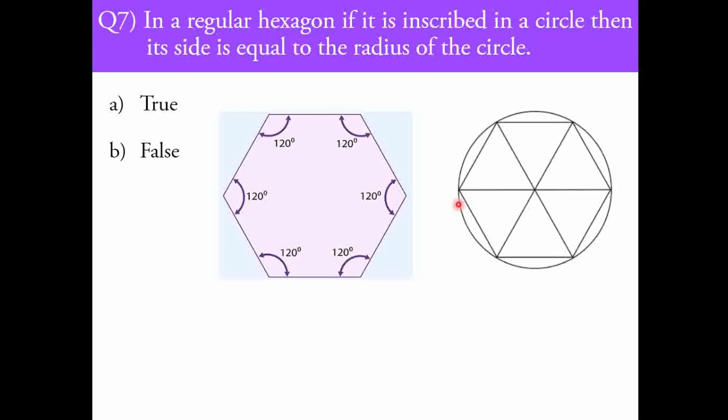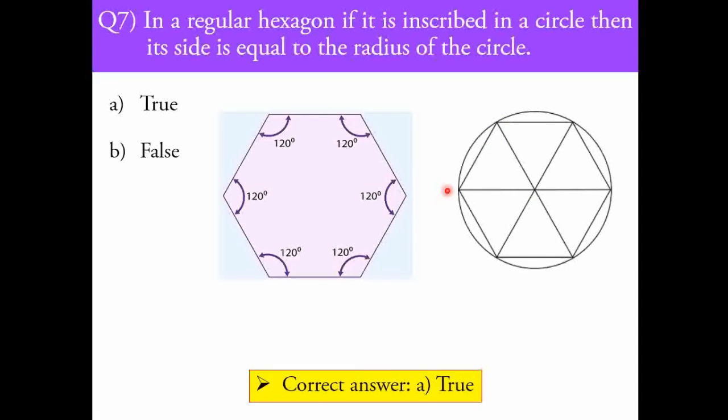When we draw that, all 6 corner points of the hexagon are present on the circumference of the circle, and all the edges are present inside the circle. So it is called an inscribed hexagon. And for drawing that circle, the radius used is equal to the side of the hexagon. So the statement mentioned here is true. The correct answer is option A, true.